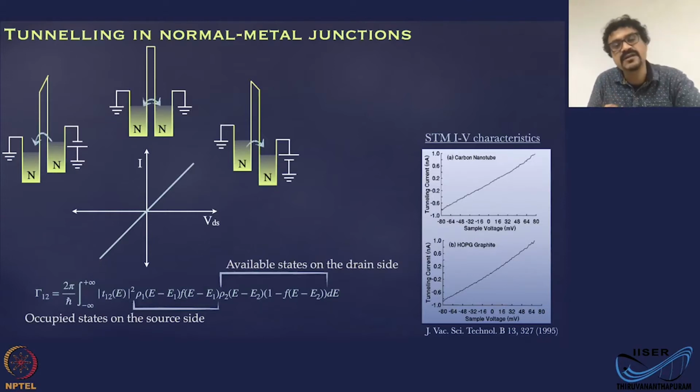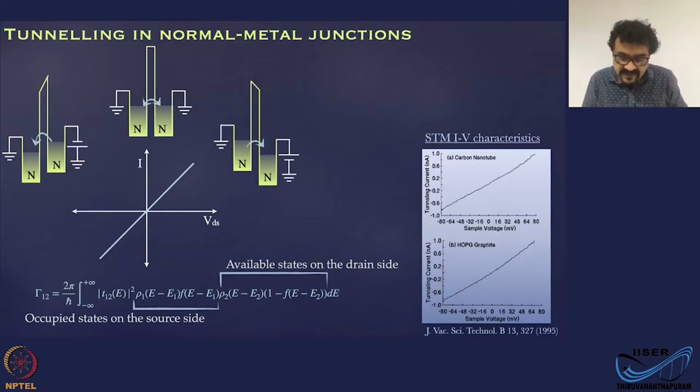And for small applied bias, all these constants are independent of it. All these functions are independent of energy. You have more or less constant density of states near the Fermi level in that small region. So all these are kind of independent of energy.